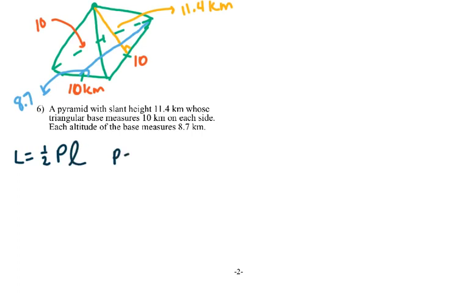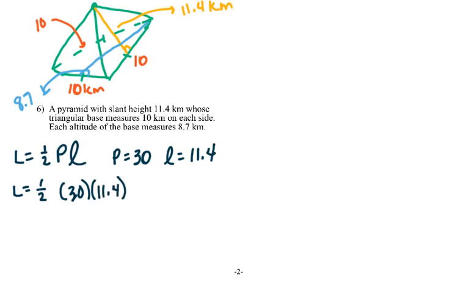So our perimeter is 10 times 3. Our slant height is 11.4. Our total lateral area is half of 30 times 11.4. And that is 171 square kilometers.